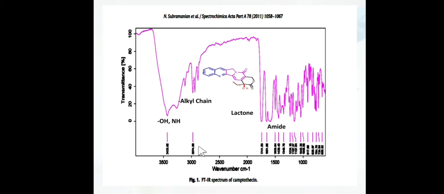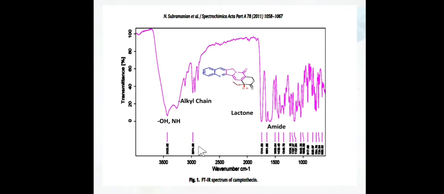Also, there is a band at 1741 which says that there is a presence of a lactone or the 6-membered ester. Again, the bands at 1500 and 1600 show there is a presence of an aromatic ring as well as amide bonds.